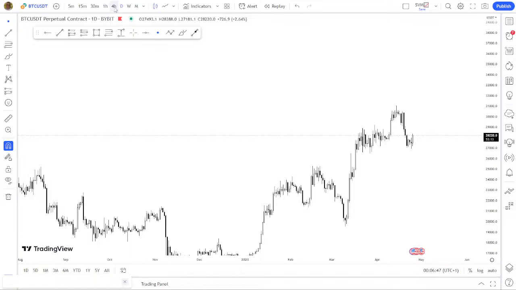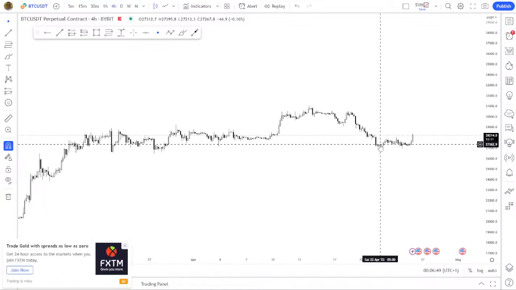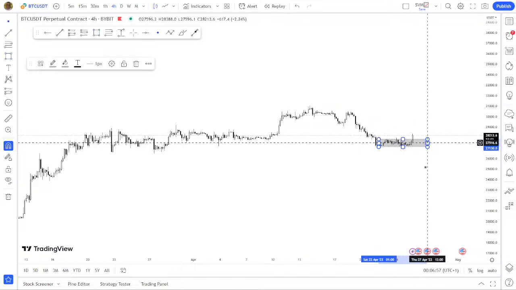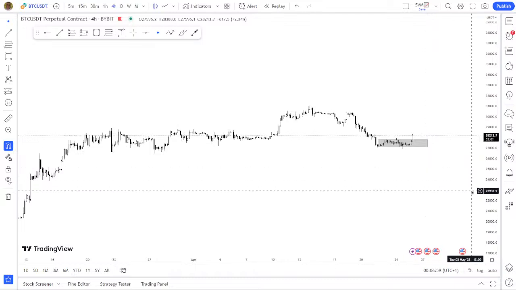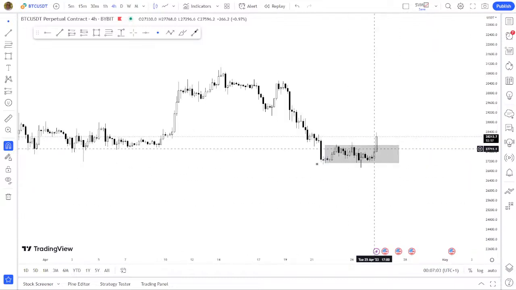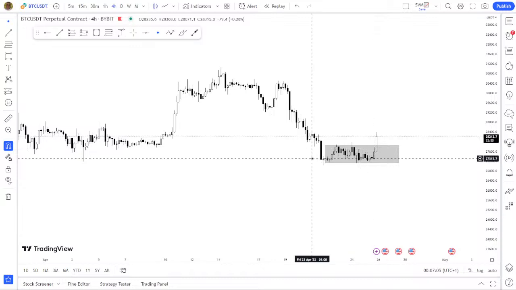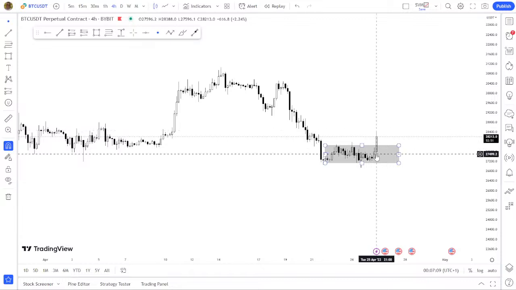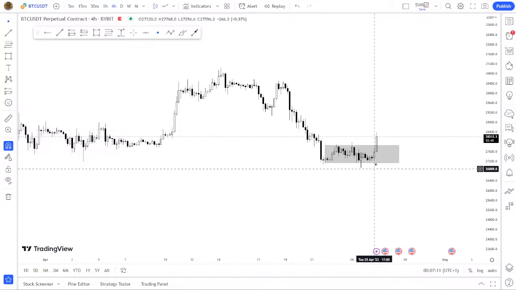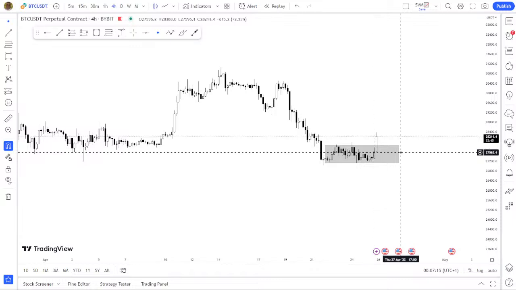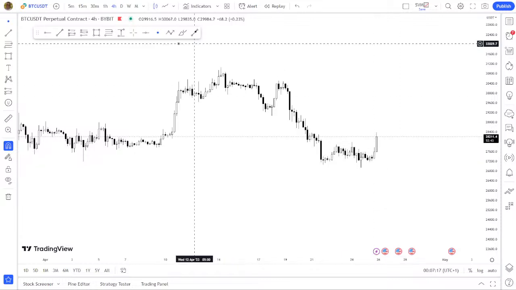If you notice, we've been chopping around all of this box, all of this region for some days. I think I lost quite some money here. I missed this move up because I was short around somewhere here. Alright, but it is what it is.